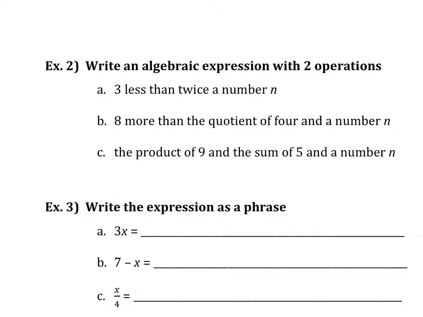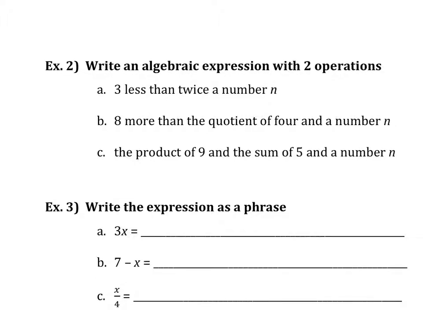Example 2 here. It says write an algebraic expression with 2 operations. So now instead of just plus or just minus or just division, they're going to combine 2 of those. So this first one, 3 less than twice a number n. Are you with me over there?